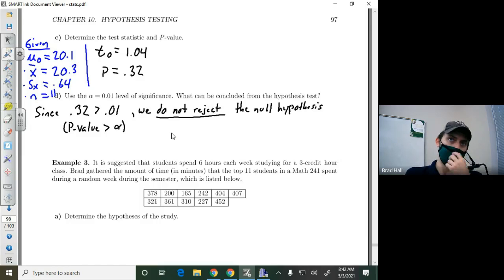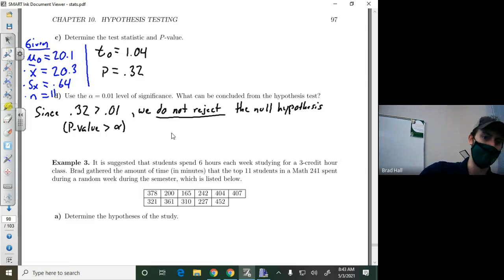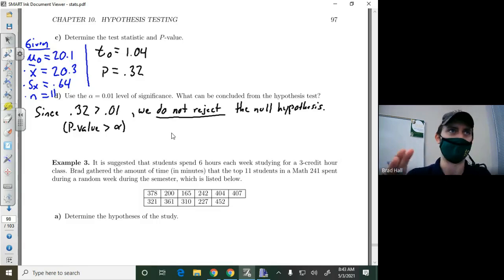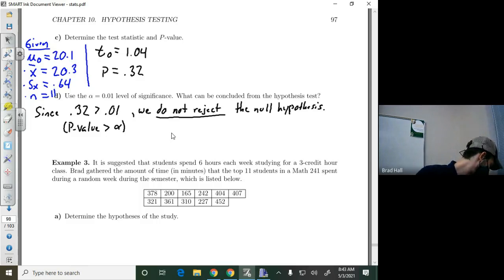But the wording here, the difference between what we had before, since we rejected one, we were left with another. Here, we didn't reject the null, but we didn't reject the alternative either. So that's why I want to be careful about this wording. This is the wording from section 10.1.